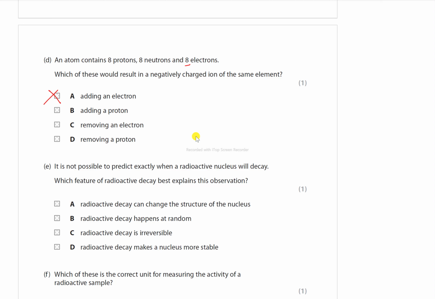Just say this is element X. It's got 8 protons, the positive red ones, 8 neutrons, the green neutral ones, and it's got 8 electrons.